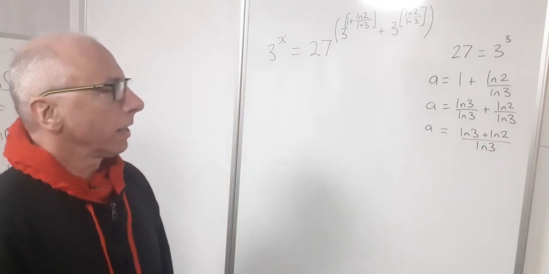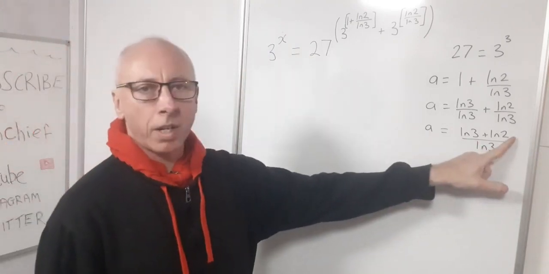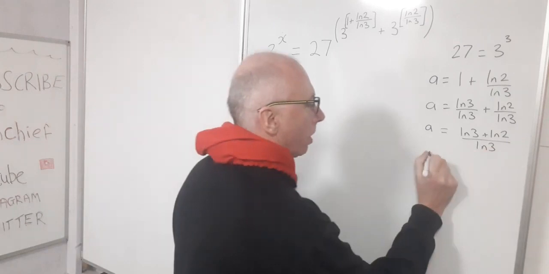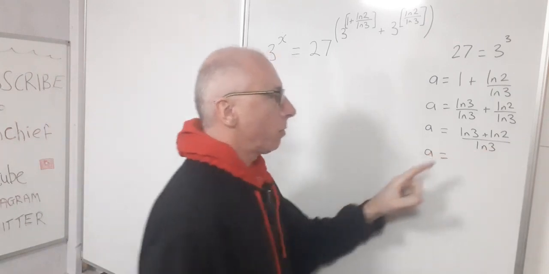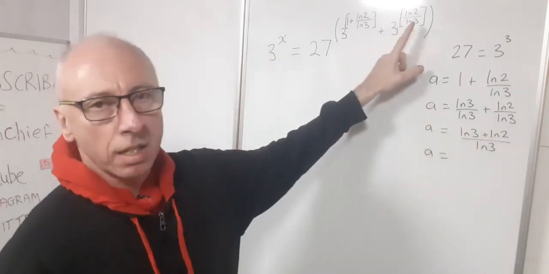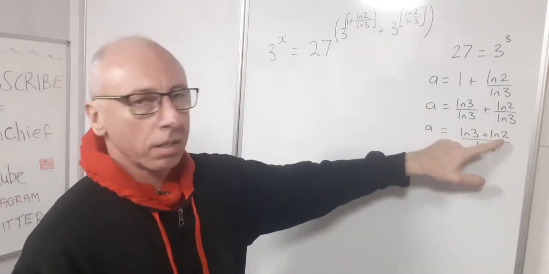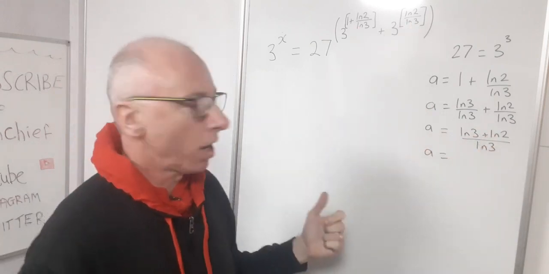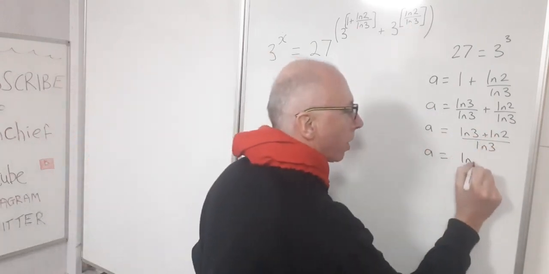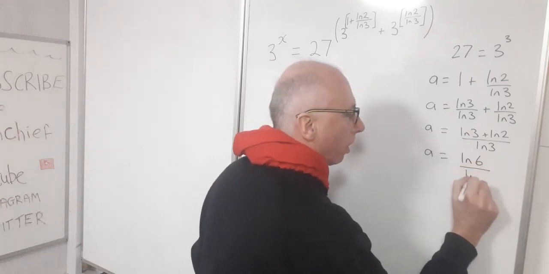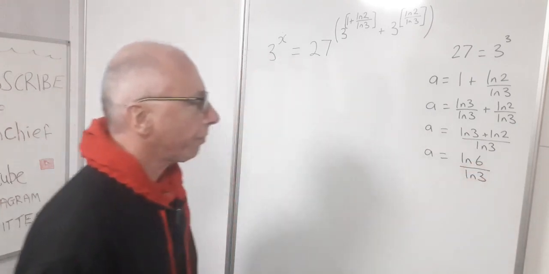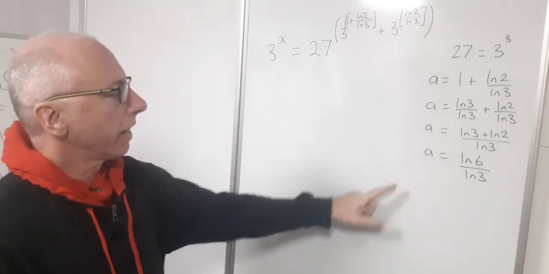Okay, now why don't I combine these? So now the laws of logarithms say when you add the logarithms in these indices, I can just multiply the input for the log. So now I've got a equals log of 6 over log 3. So that's my a.